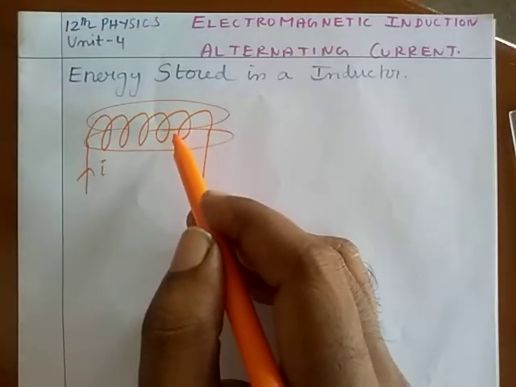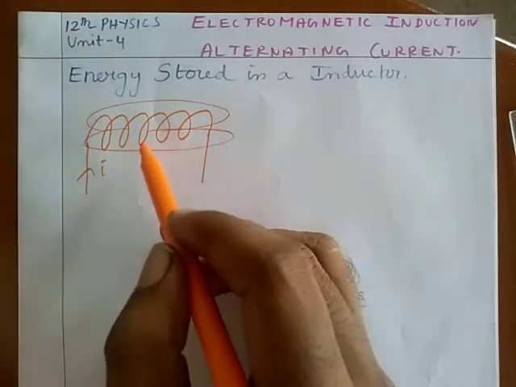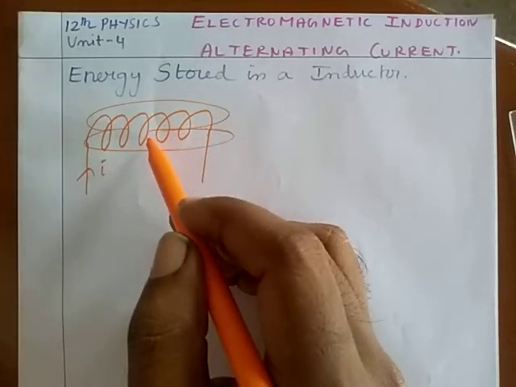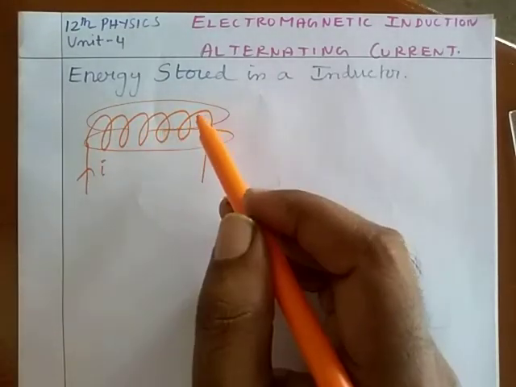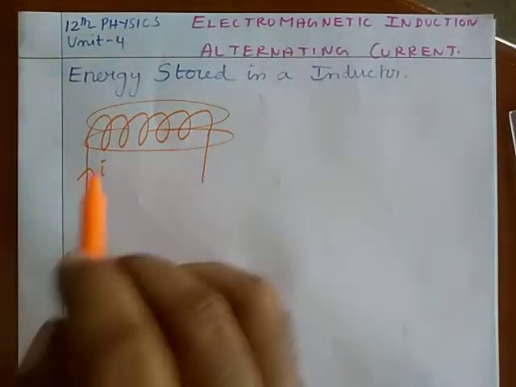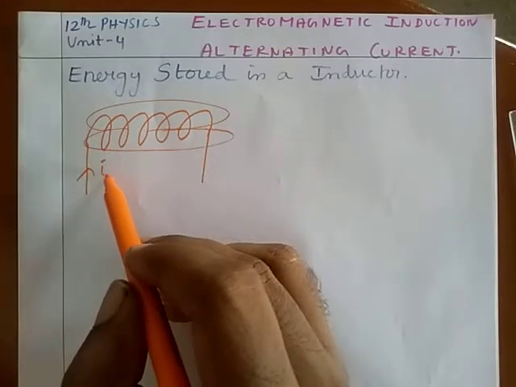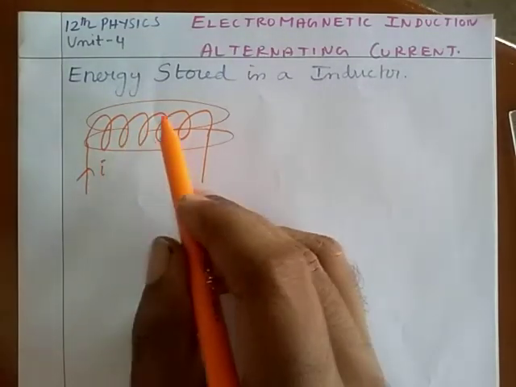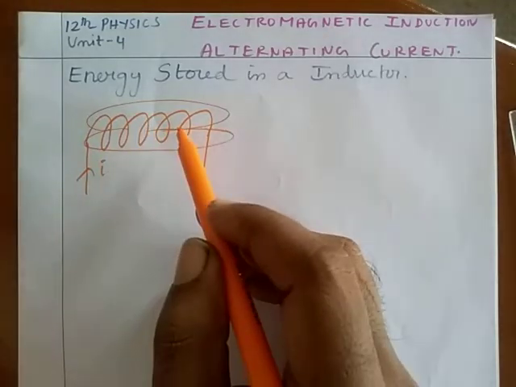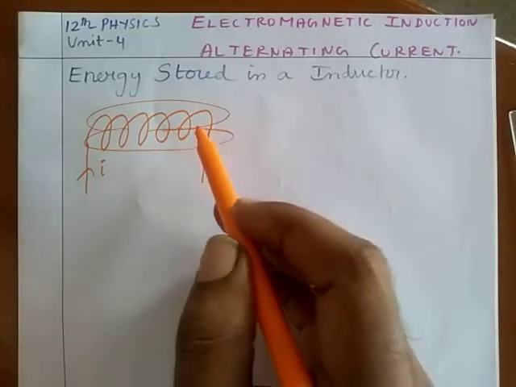Due to this magnetic field, if I change the current, then the flux inside the coil changes. Then it produces an induced EMF. That induced EMF opposes the growth of the current. Due to the change in flux, it produces EMF.